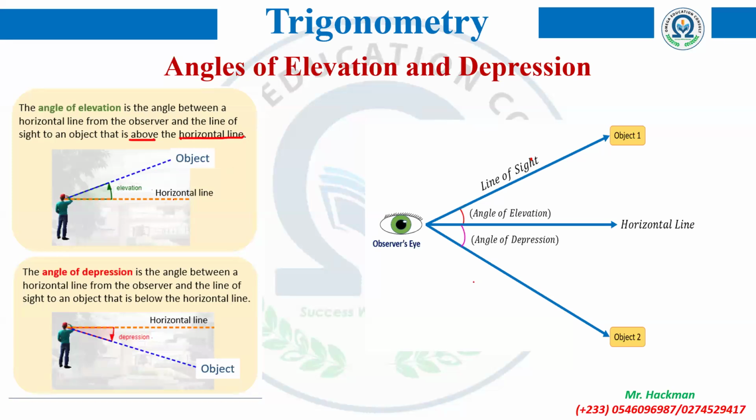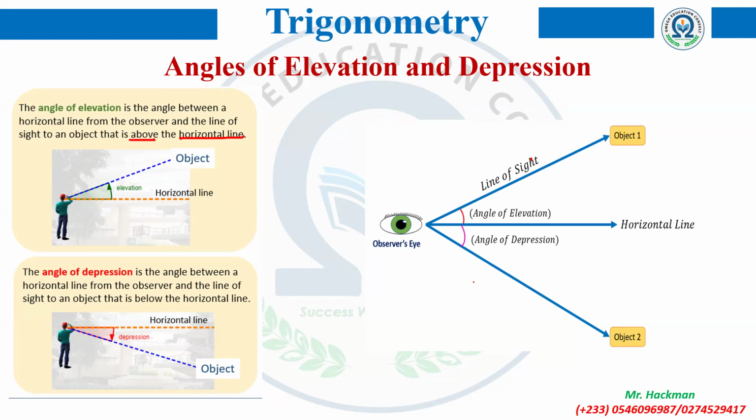So your horizontal line, if you look at this picture, will be your original or initial line of sight, which is usually taken as the eye level, because the eye level is the eye that we use to sight objects. So in this case, my horizontal line should start from my original eye level without any movement.